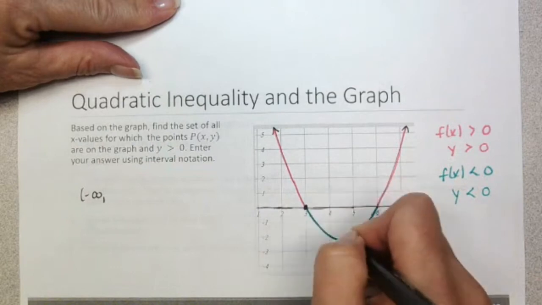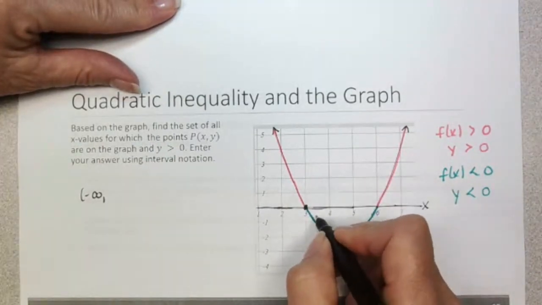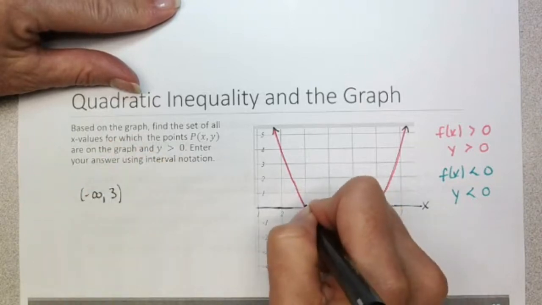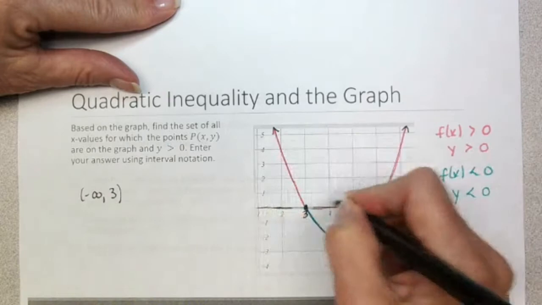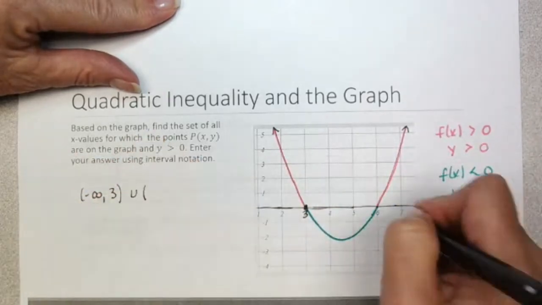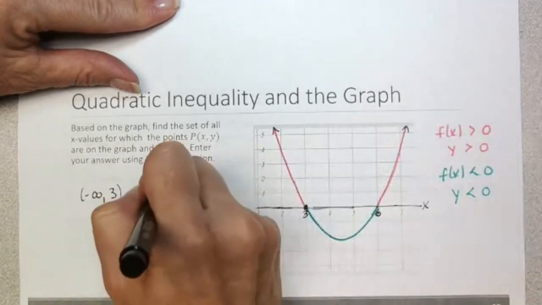Okay, so we don't want to include this portion of the graph. We don't want to include these x values, right? So we want to stop at 3, or x equals 3, that's right there. But we want this portion of the graph as well, so the first interval will be in union with the interval that picks up again right here where x is 6 off to infinity.